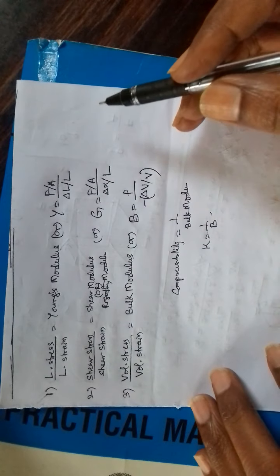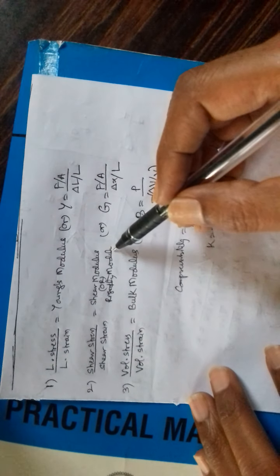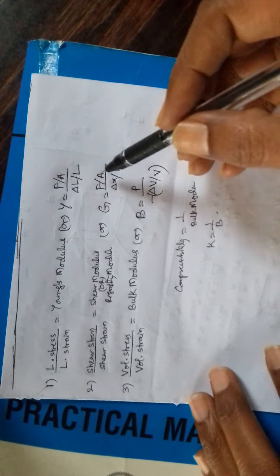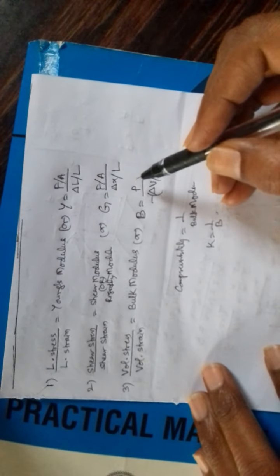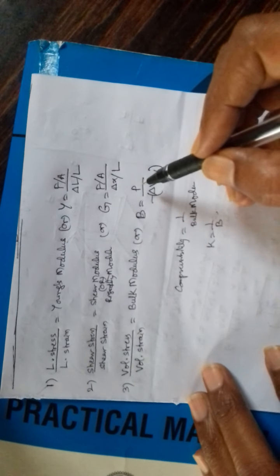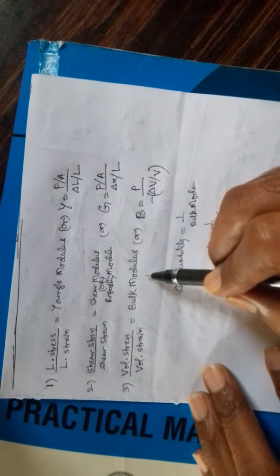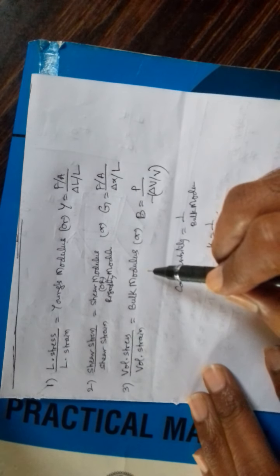But in the case of Young's modulus and shear modulus, for stress you wrote F by A, force by area. But when we came to bulk modulus, we can write F by A also, and sometimes we use P also, because the bulk modulus values are for solids, liquids and gases.